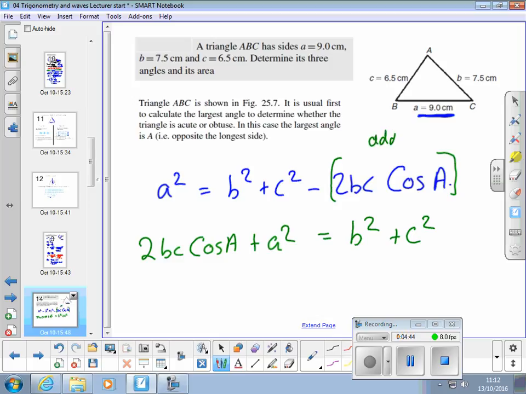I've added to both sides, so effectively on this side that cancels out. What's the next thing to do, remembering that we want eventually to get cos A on its own so we can find the angle? Yes, subtract A squared from both sides.